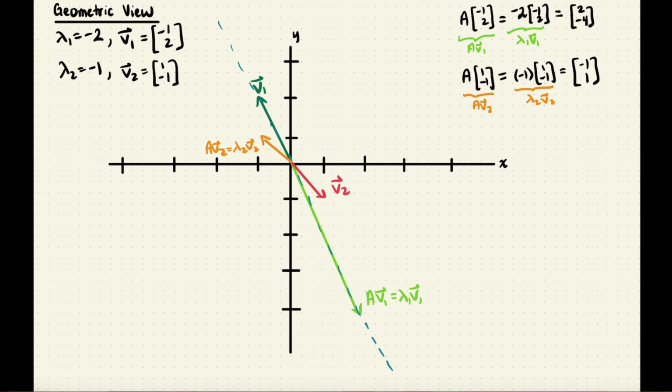And in this case, we will always remain along this line. Any scalar multiple of v2 will lie on that line. It will either be stretched or shrunken depending on the scalar multiple, but it will always lie on that line.